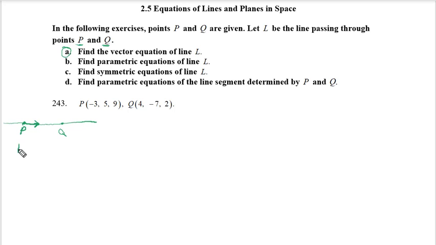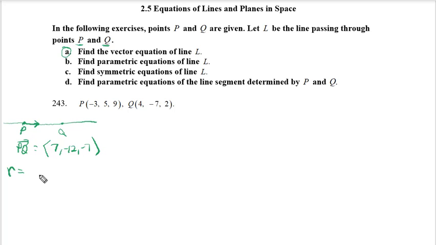meaning we're going to start by finding the vector PQ. So the vector PQ would be 7, negative 12, negative 7. And so the equation could look like this.